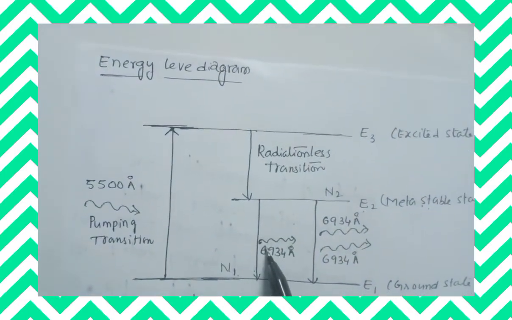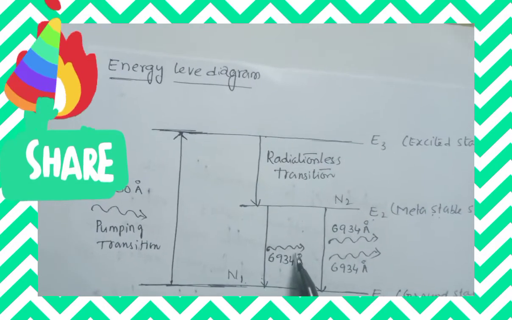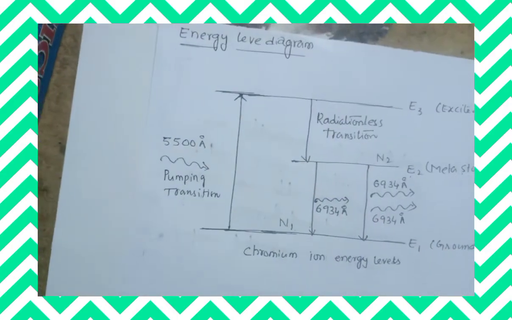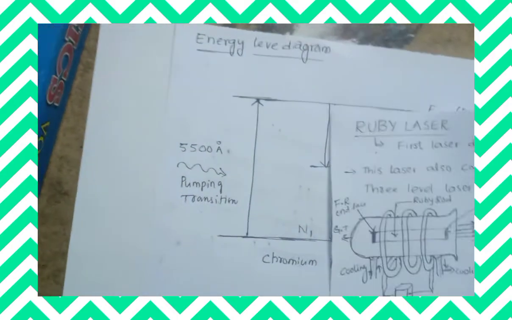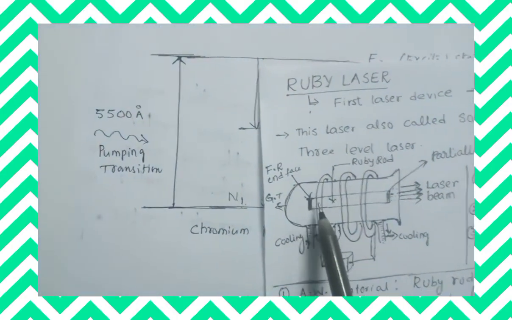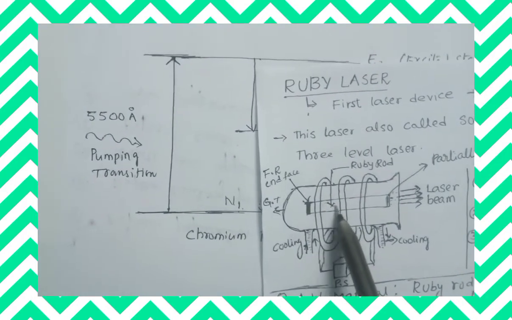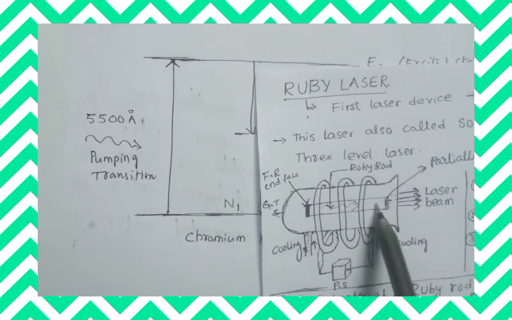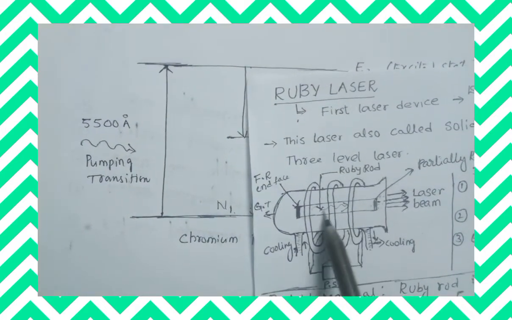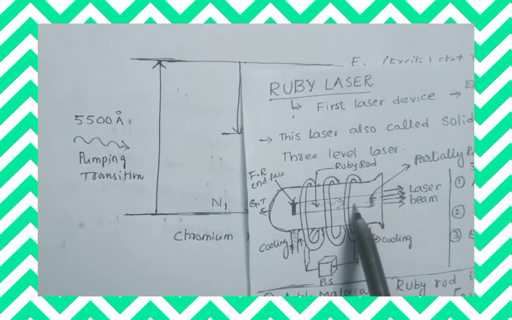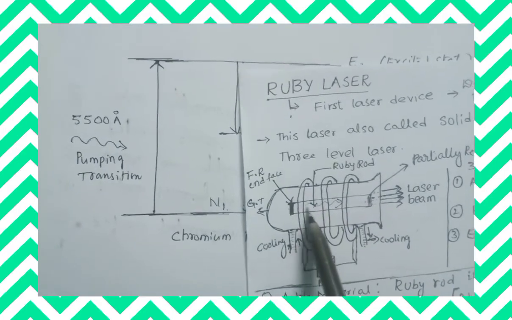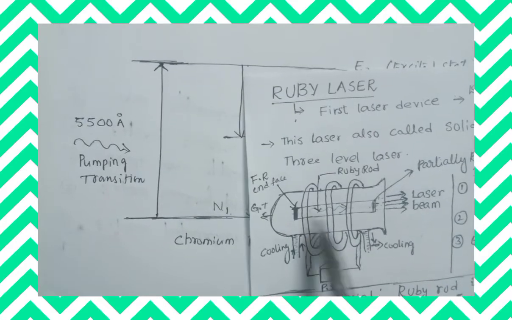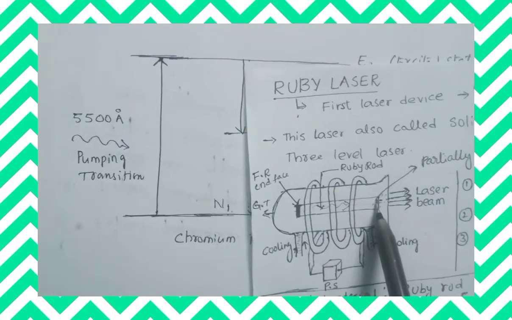This spontaneously emitted photon now moves through the ruby rod. This 6934 angstrom photon moves along the ruby rod, and it is reflected back and forth by the fully reflecting end and the partially reflecting end.